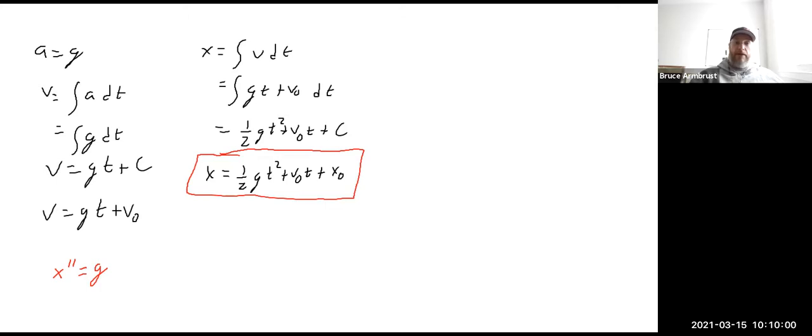Gets us this formula. So you've seen this formula before. It's going to be the same formula on Mars as it was on Earth. The only thing that changes is G.